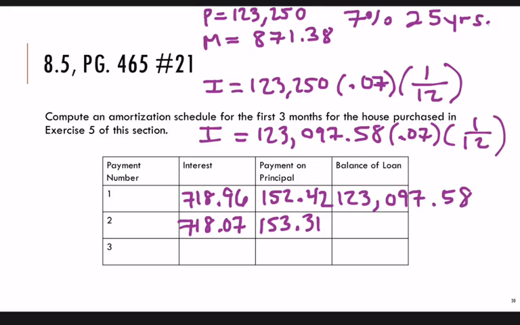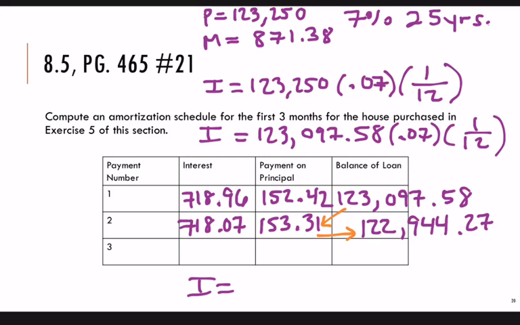Okay, and then subtract this payment number from the previous balance. Okay, so you're not returning to the original principal anymore. The mortgage is lowered, and you want to just keep continually subtracting from that new balance. Okay, so subtract those. That gives you this number, and this new balance is $122,944.27.